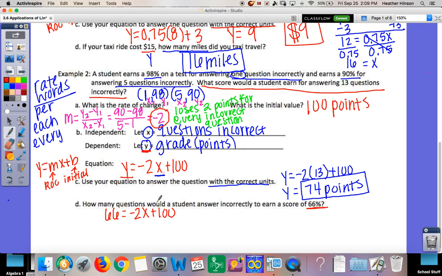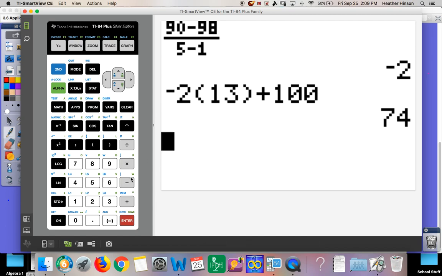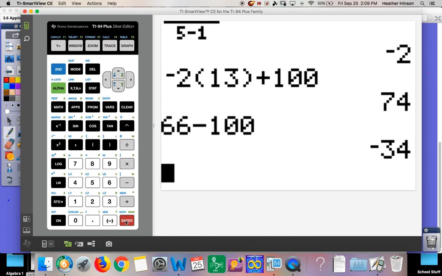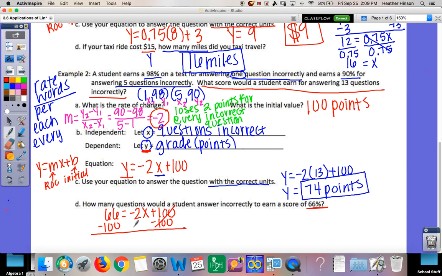Do the opposite. So instead of plus 100, we're going to subtract 100. 66 minus 100, you can always double check in your calculator. That gives us -34.